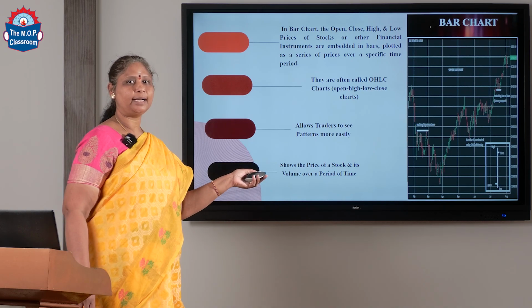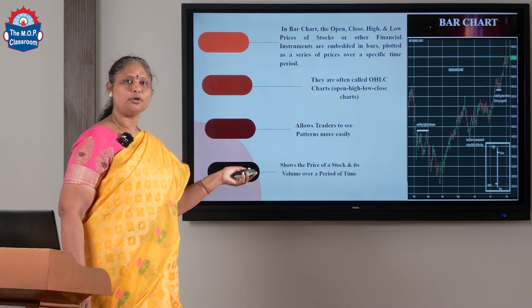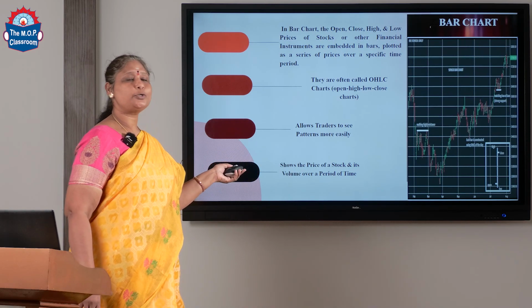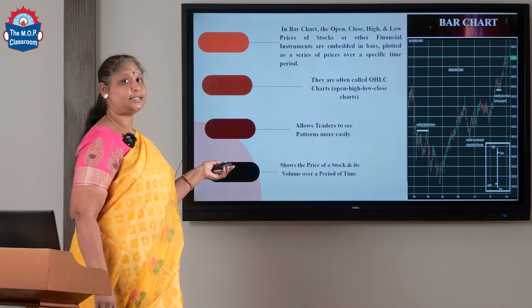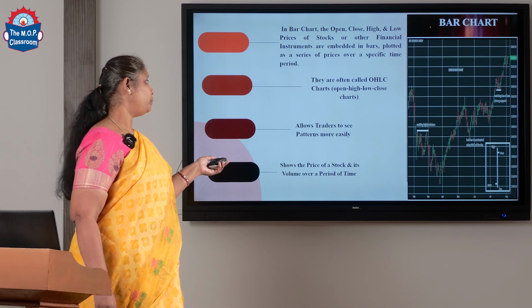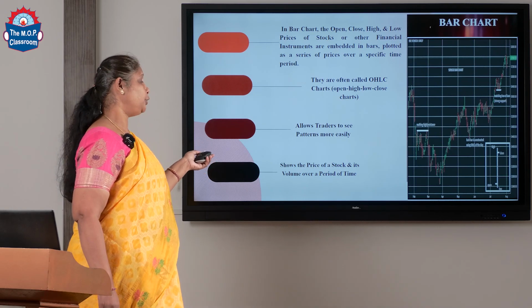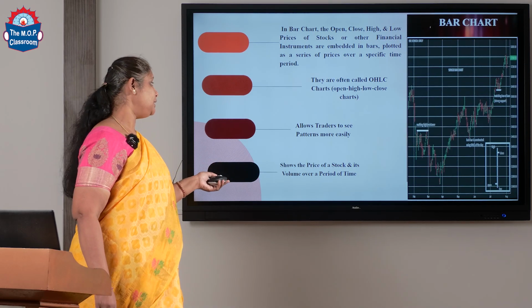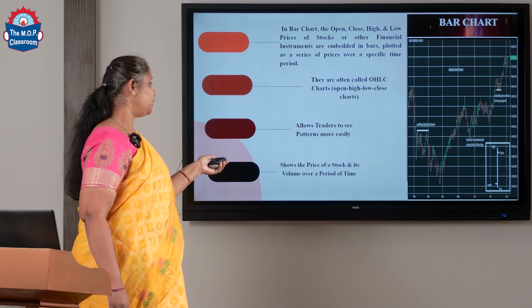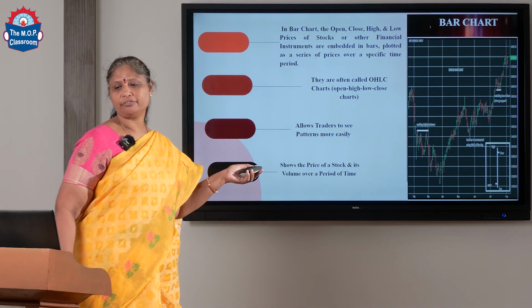The shorter the length of the bar, the lesser the volatility of the security prices in the market. These bar charts are also called OHLC charts, comprising the open, high, low and close prices, which helps traders see the patterns more easily. At the same time, bar charts show the price of a stock and its volume over a period of time.